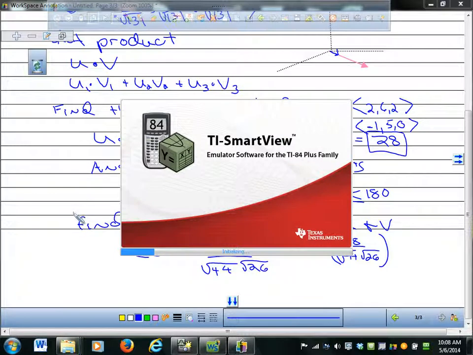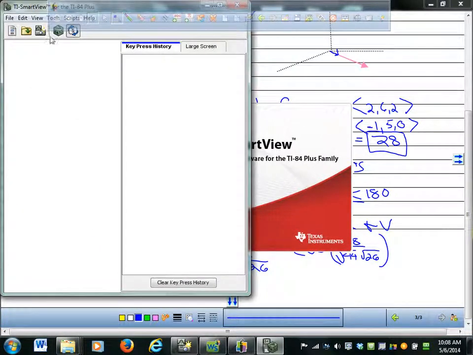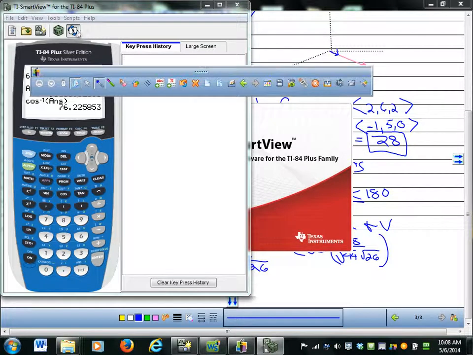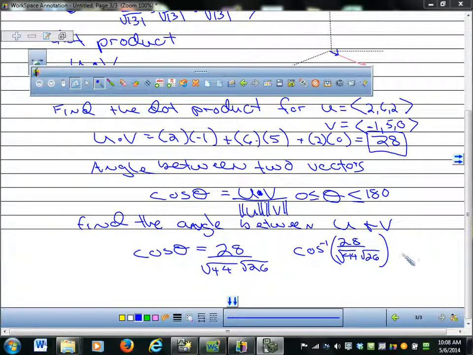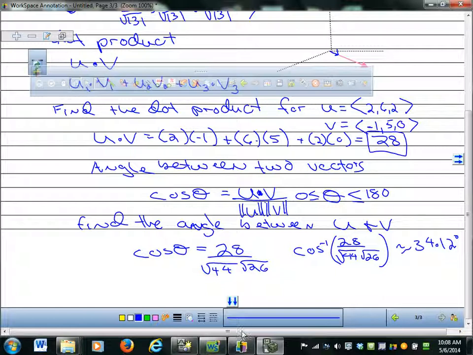It's 34.12. Oh, you did it for me, Marion. This takes too long, so I'll just believe you. So that comes out to 34.12 degrees. So that's how you find the angle between two vectors.